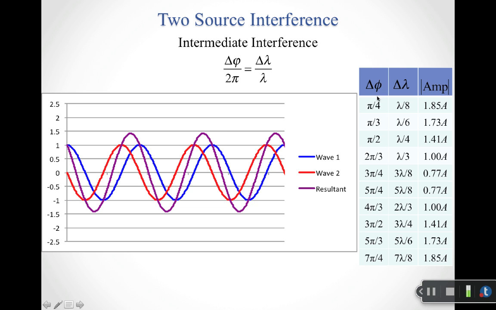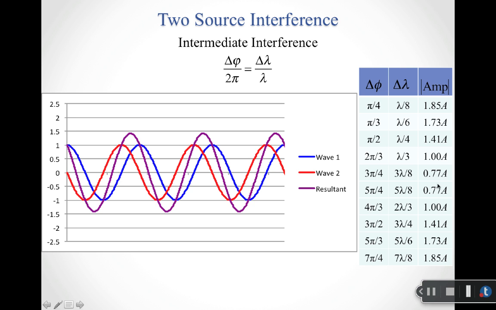So what you see is, as my phase difference goes from basically 0 to pi, my amplitude decreases. Somewhere between 3/4 pi and 5/4 pi, it crosses over pi.